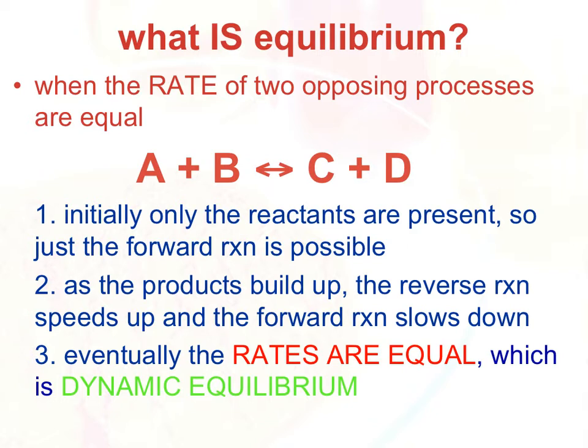And what that means is that at that point, the concentrations of A and B and C and D are going to remain constant, and the rates of the forward and the reverse process are going to become equal. It should be noted that the equilibrium situation means that the forward and reverse reactions are still happening. They're happening simultaneously, but the rate at which they happen are the same.